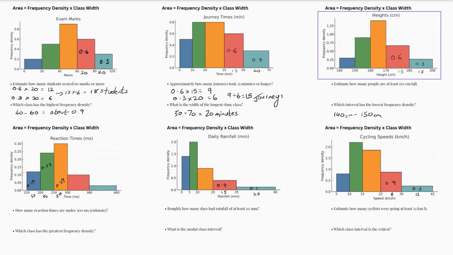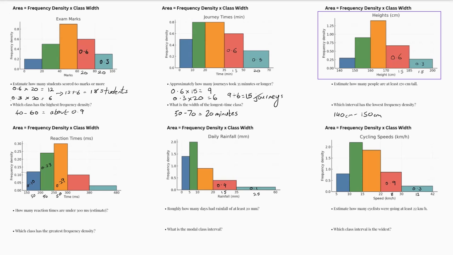Right, hope you understood that, because we're going to move on to the next one. I've done it again for you. Approximately how many journeys took 35 minutes or longer? So let's go along our time, which is at the bottom, and we're looking to see over 35. So we have 35 to 50, which gives us a class width of 15.